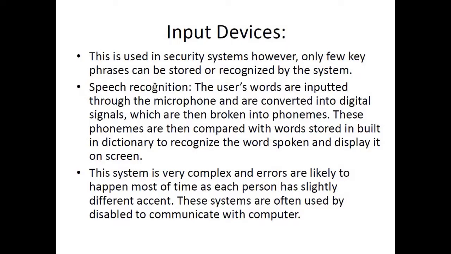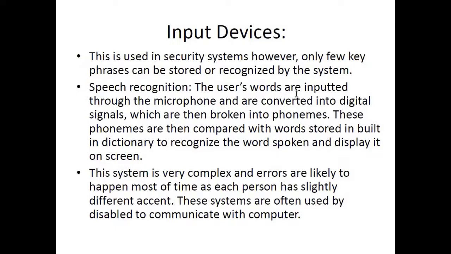Next we have speech recognition, where the user's words are inputted through a microphone and are converted into digital signals, which are then broken into phonemes. These phonemes are then compared with words stored in a built-in dictionary to recognize the words spoken and display them on screen. Just like Siri on iPhone, whatever you speak, Siri is able to understand it by using speech recognition and respond.